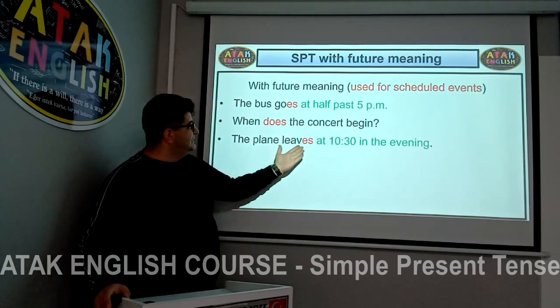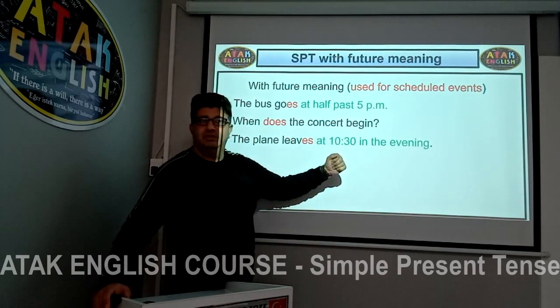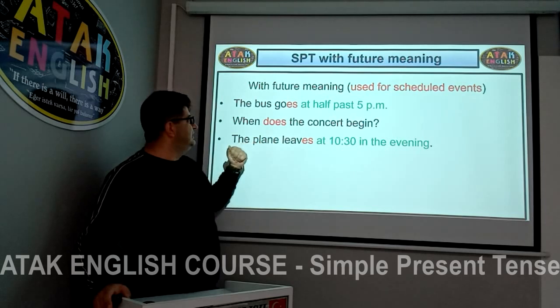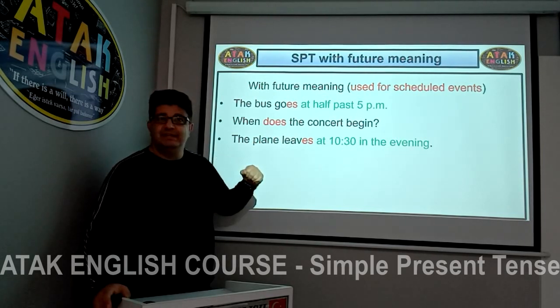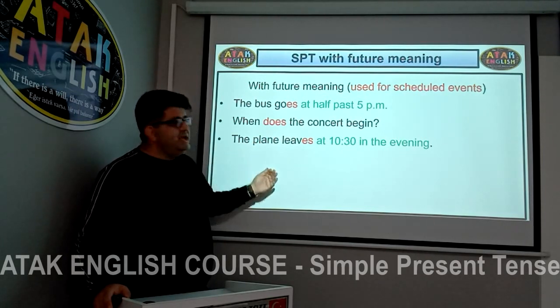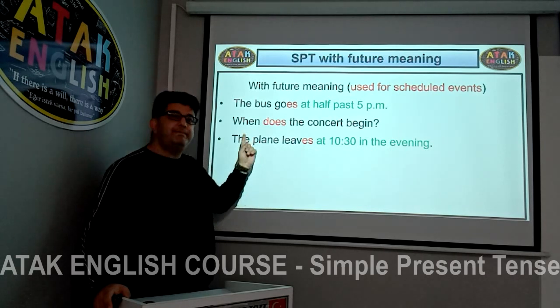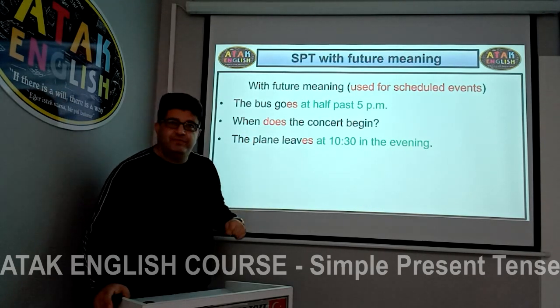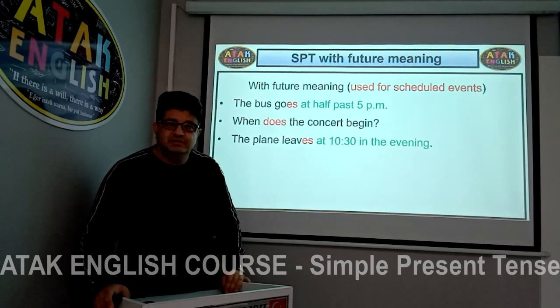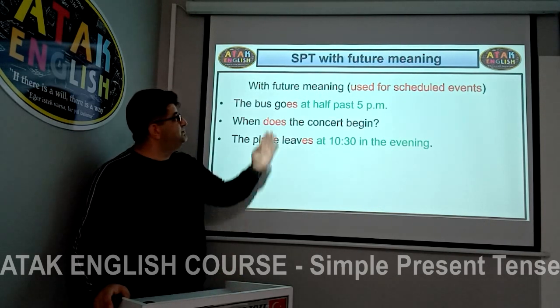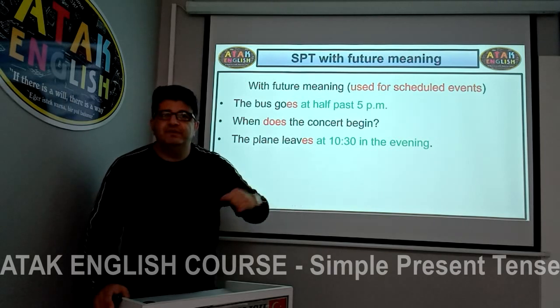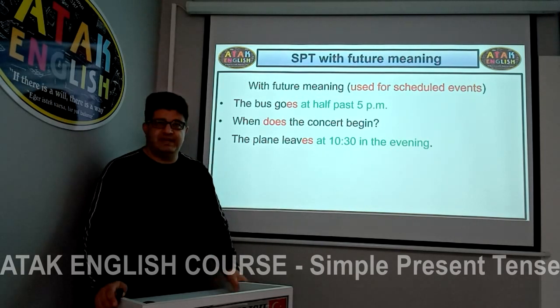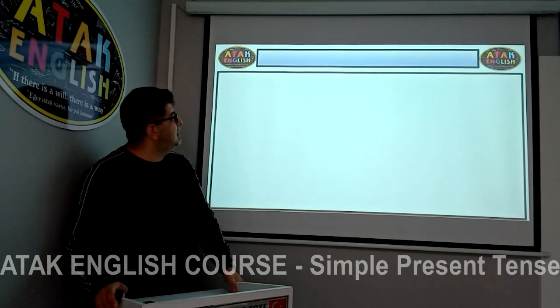Or the plane leaves at 10:30 in the evening. So that's a 10:30 plane. Okay? We use simple present, instead of future tense. So what are we doing here? We use simple present with the future meaning this time. Let's move on.